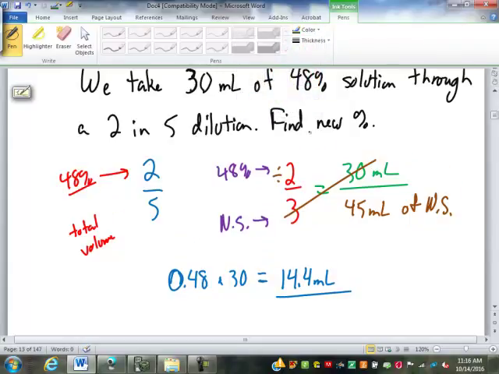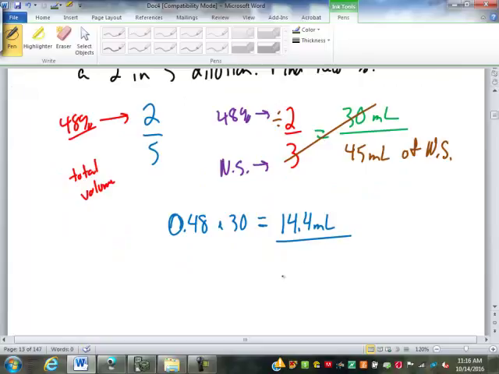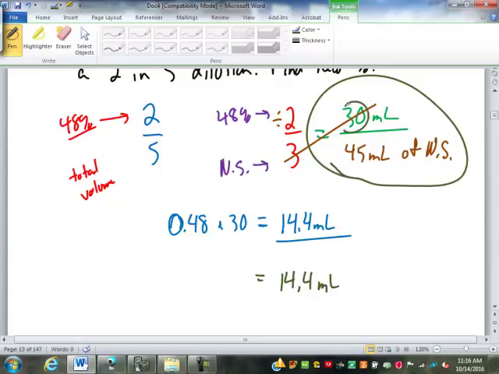And now we still have 14.4 milliliters, but we now have a total volume of how much? 30 plus 45 makes 75 milliliters total volume.